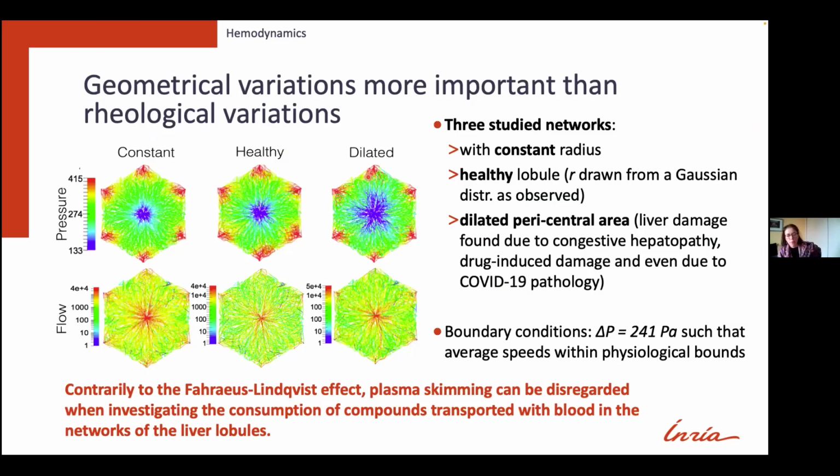But then what really matters, in fact, is to see between healthy and disease states how these parameters change. And a disease state can be represented typically by a geometrical variation. So this is why we compared a whole lobule with constant vessels to a Gaussian distribution of vessels, and to a geometry where there is dilation of vessels close to the central vein, so close to this zone, which has been observed, for example, in COVID-19.